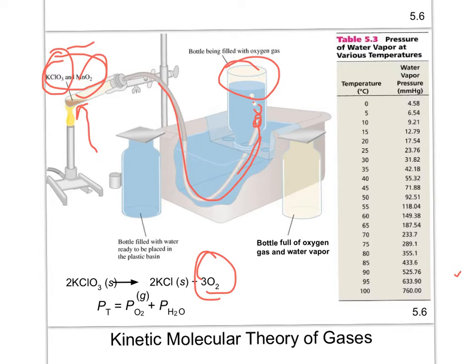The reason is because anytime you do something like this, you're collecting gas over water. And so some of the liquid water will invariably have evaporated off. Whenever you bubble anything like this through water, you also have some water vapor above it, some H2O gas.